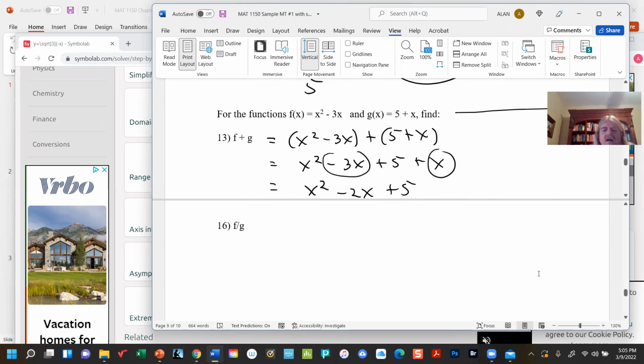All right, here we go. So we've actually got x squared minus 3x over 5 plus x. Man, that's pretty much it. There's nothing we can do. They do not have any common factors.